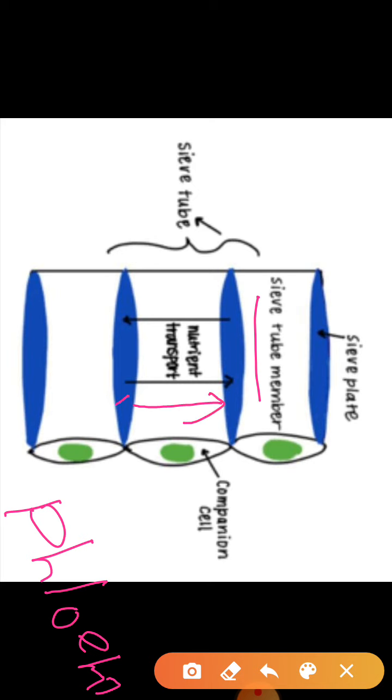Phloem is composed of sieve tube elements, which means a series of elements joined end to end to form sieve plates.